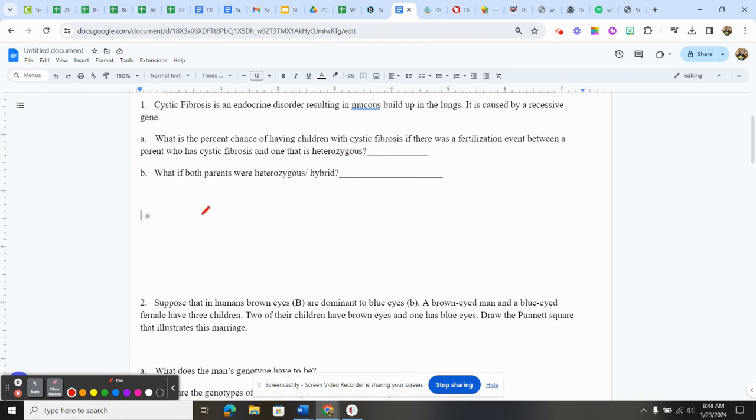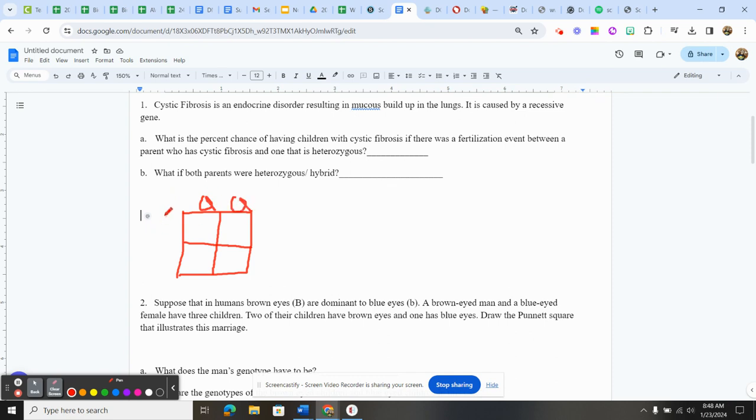If it is a recessive condition, the parent that has cystic fibrosis has what genotype? Are they going to have two big letters or two little letters? Two little letters. So little a, I'm just going to use A's.